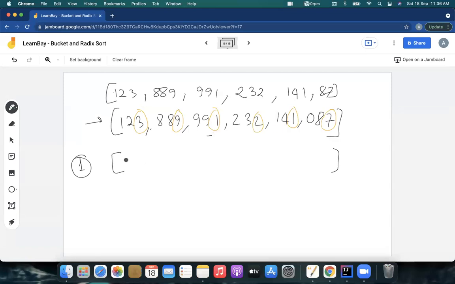So we'll place the ones first: 141, 991. Then the twos come, 232, right? Then I see a 3, 123. I think 7 comes next, 087, and then 889.